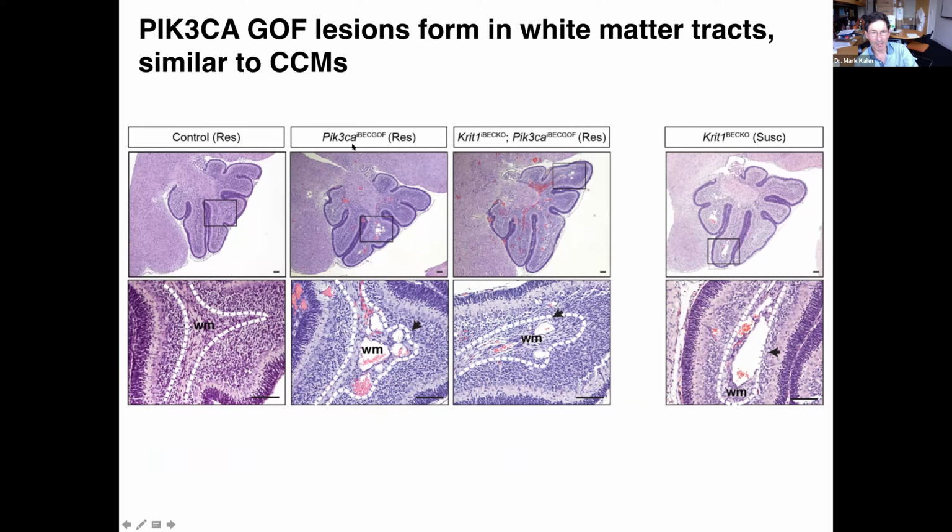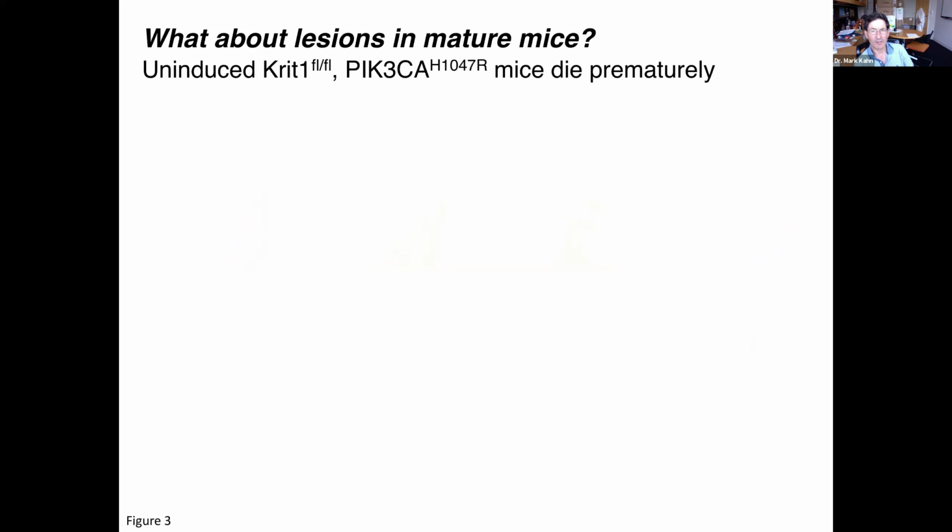And when we looked at the PI3 kinase gain of function, we saw very similar lesions forming in almost the exact same place. And the synergy, of course, arose in that place as well. So there was a common denominator with regard to the types of lesions that were forming with all of these genetic changes. Okay, so what happens in mature mice?